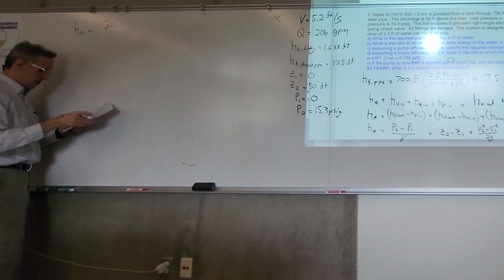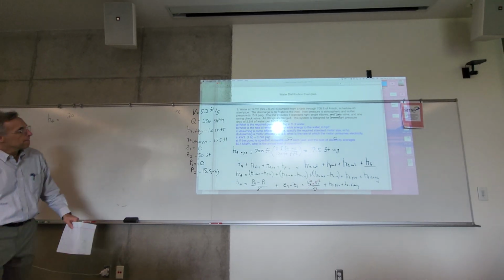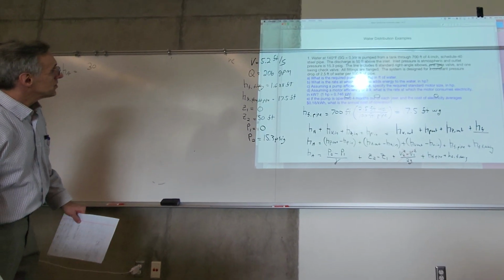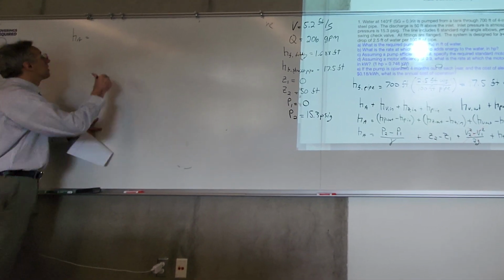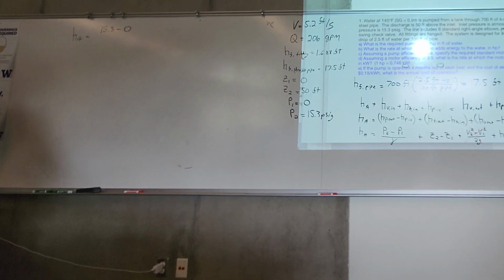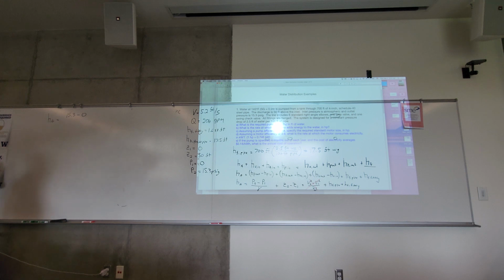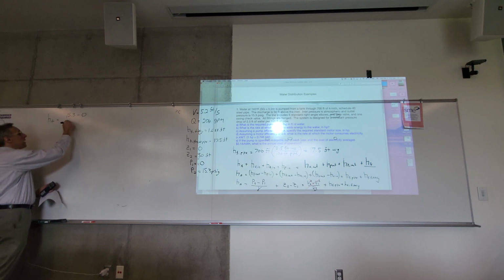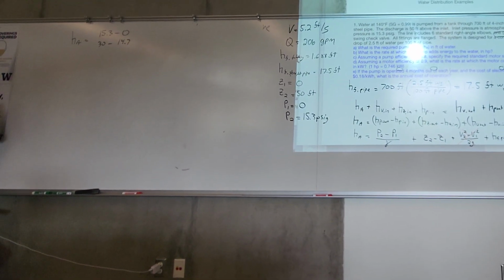P2 comes out at 15.3 psi, minus 0. Or if you preferred to work with absolute pressure, to avoid using gauge, you would just add 14.7, so this would be 30 minus the inlet, which would be atmospheric at 14.7. So you can use either one of those.